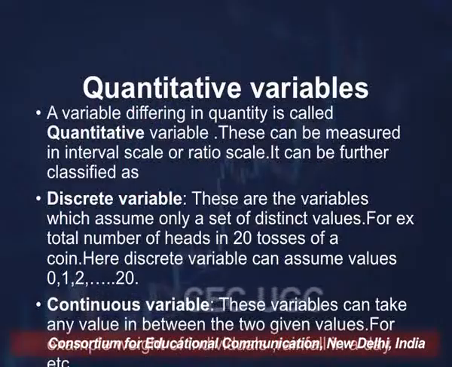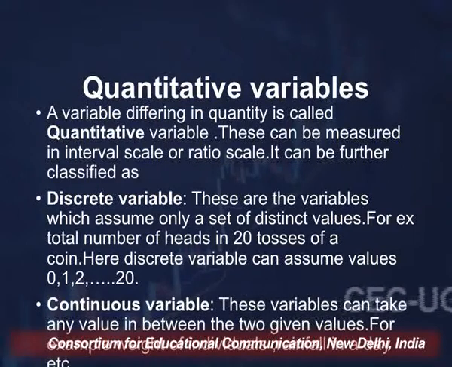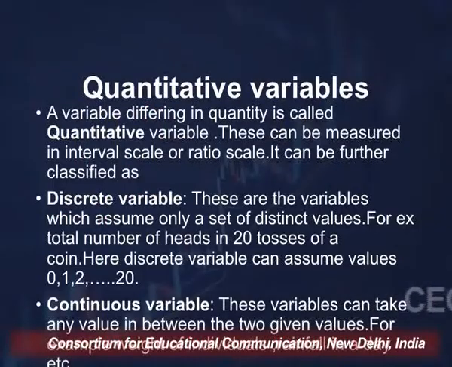Next comes the second type of variable that we will look into, which is quantitative variables. The name only suggests that these are variables which measure quantity. So a variable differing in quantity is called a quantitative variable. These can be measured on an interval scale or ratio scale.